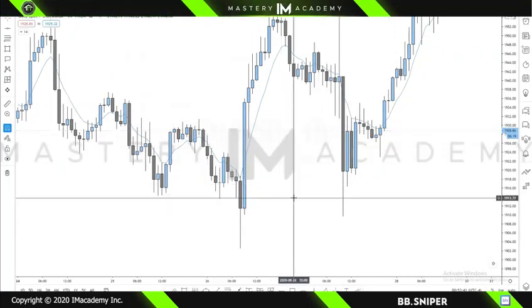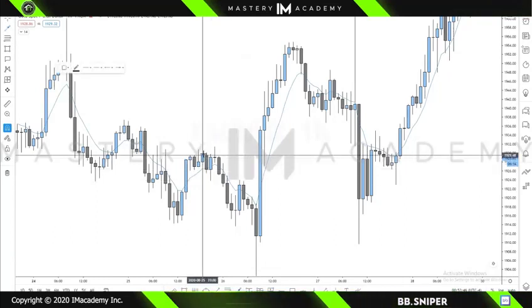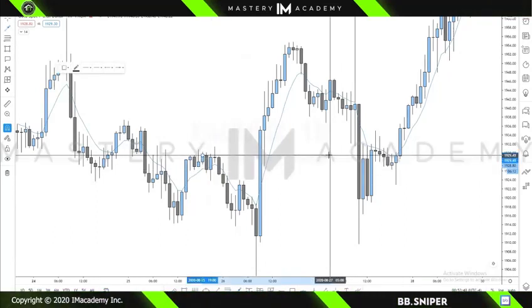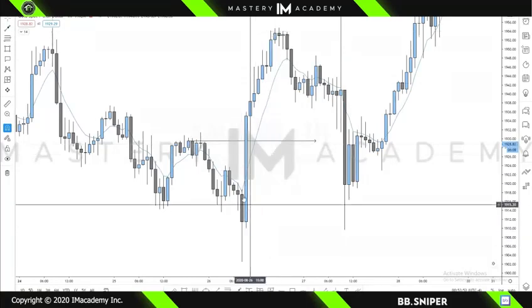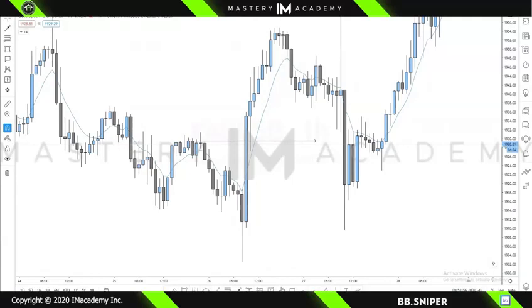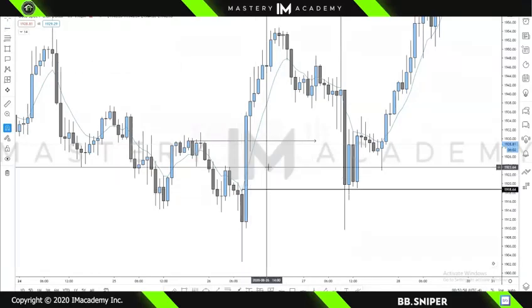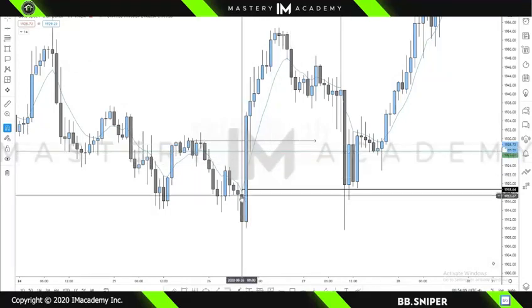Very beautiful here. After we saw a nice clean market structure break and shift, we had this nice move away, last bearish candle. If we mark that, we can see that the imbalance ends right at the institutional candle here.